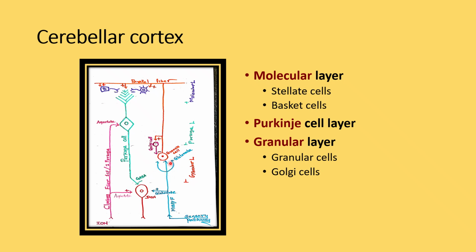Granule cells stimulate the Golgi cells. Golgi cells inhibit the granule cells. So the outer molecular layer contains stellate cells and basket cells. The middle layer contains the Purkinje cells. The inner layer contains the granule cells and Golgi cells.